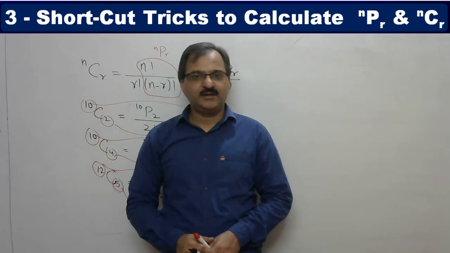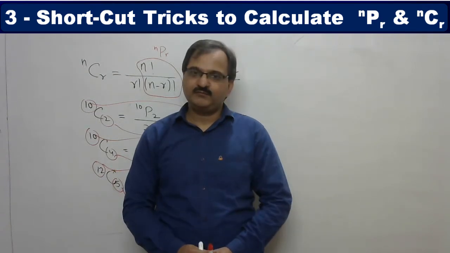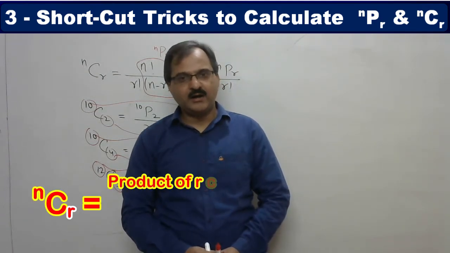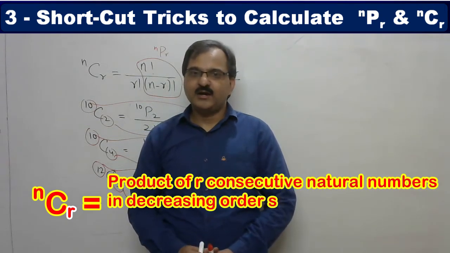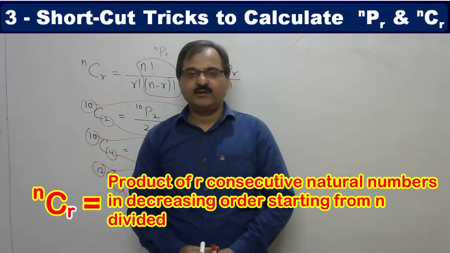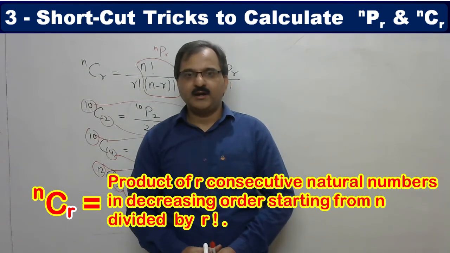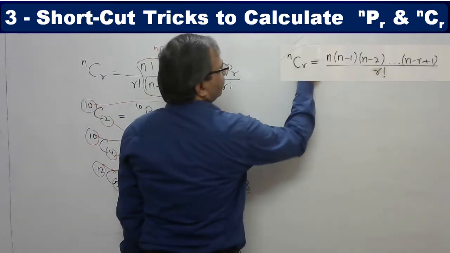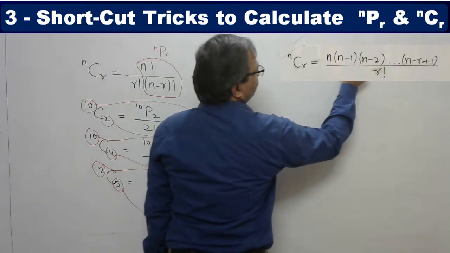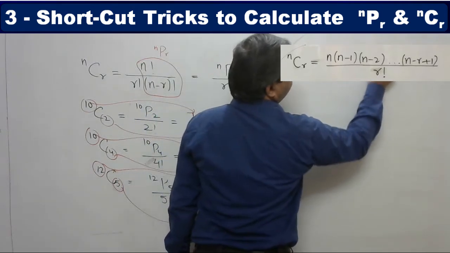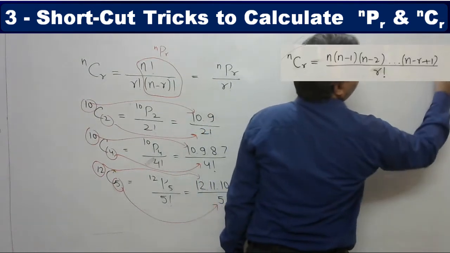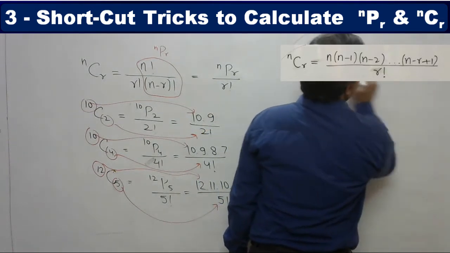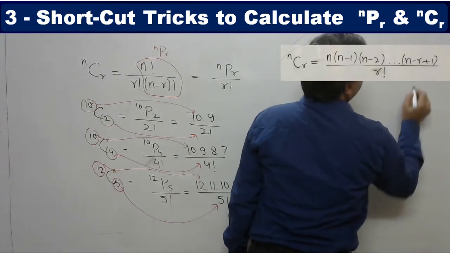To find the value of nCr directly, we will find the product of r natural numbers in decreasing order starting from n, and we divide the whole product by r factorial. So here nCr is equal to n into n minus 1 into n minus 2 and so on up to n minus r plus 1, whole upon r factorial.